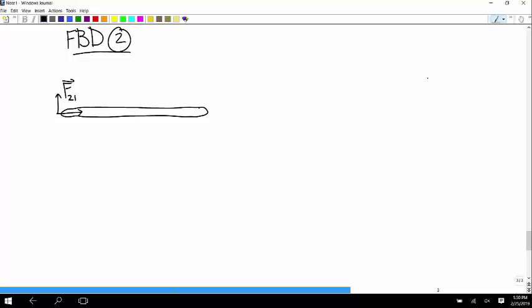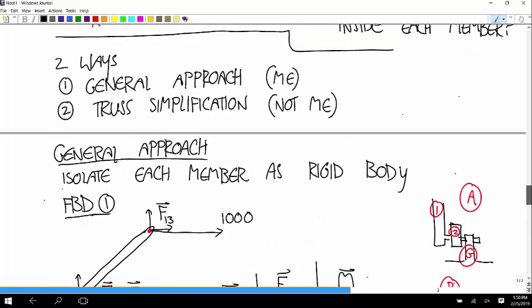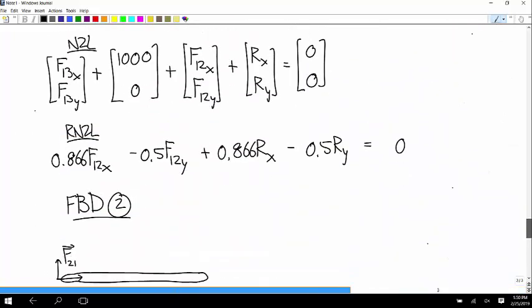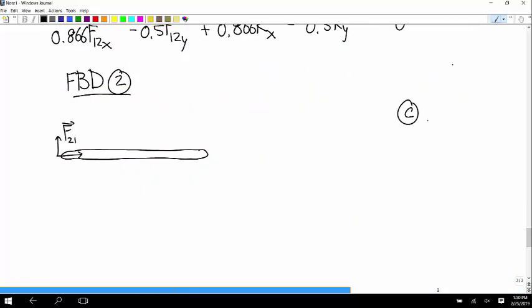And then on the other side, I'll do a side view at joint C. For joint C, we have member 2, and that's the lowest numbered member at this pin, so the pin is part of that. And then we have member 3, and then we have the roller that's in contact with the ground.